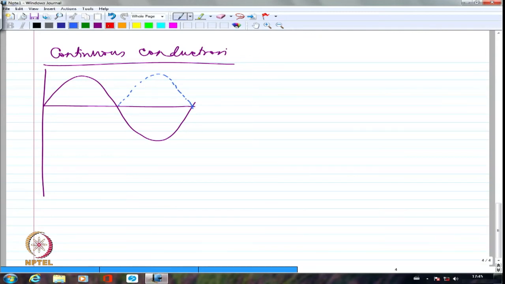Let me choose again a firing angle, some alpha, and let me say this is pi plus alpha. Now, the current is starting from some non-zero value.